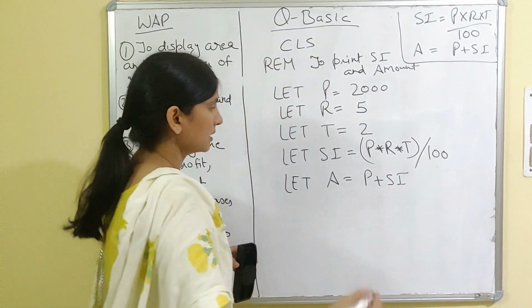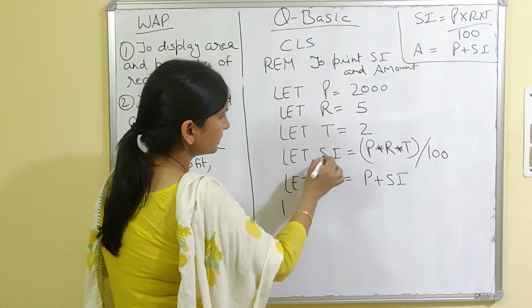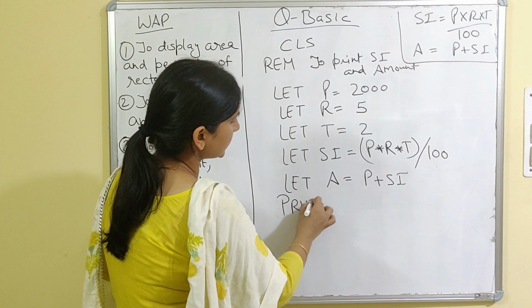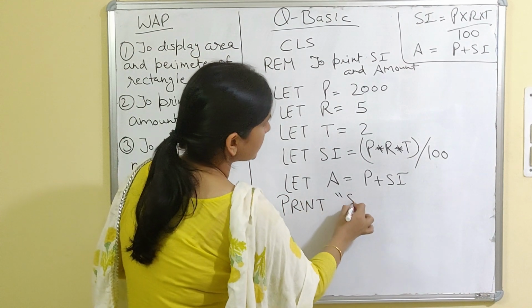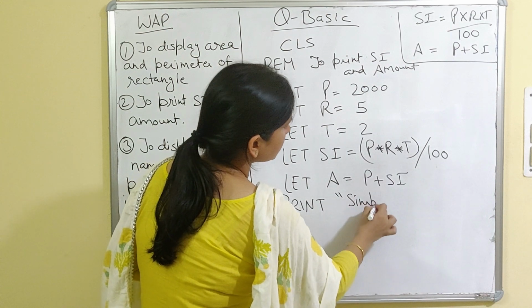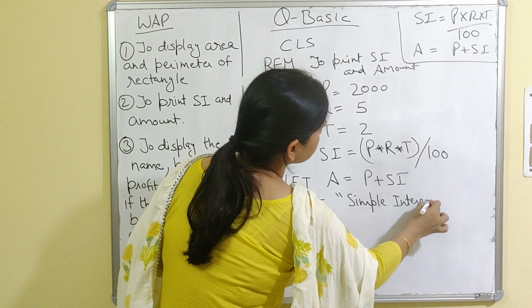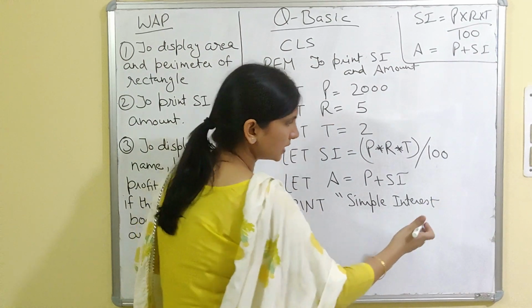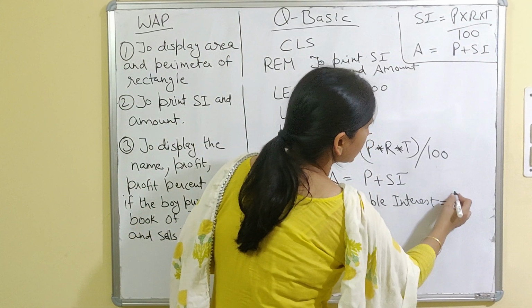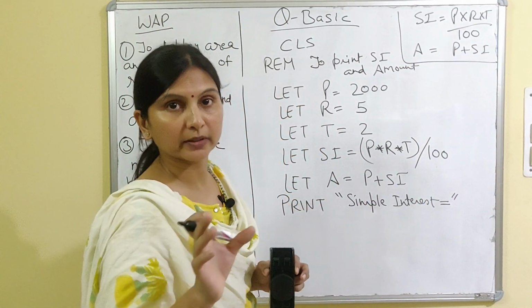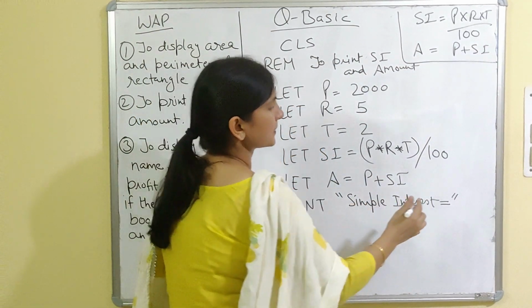Fine. Now to print SI and A, we will use the print statement, print simple interest. Simple interest we will write in double quotes. You can give an equal sign also. In the message you can give anything within double quotes. So whatever we have given within double quotes will be displayed as it is.